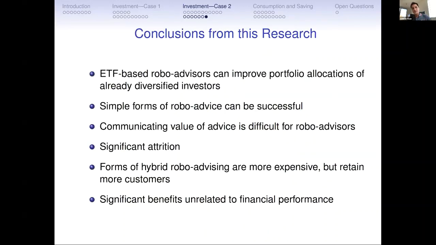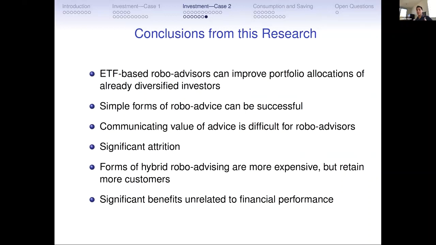So the conclusions from this research are basically that ETF-based robo-advisors can really improve portfolio allocations of already diversified investors. Rather simple forms of robo-advice can be successful, but it is kind of hard to communicate advice, or the value of advice, to individuals that are robo-advised, and you observe significant attrition.